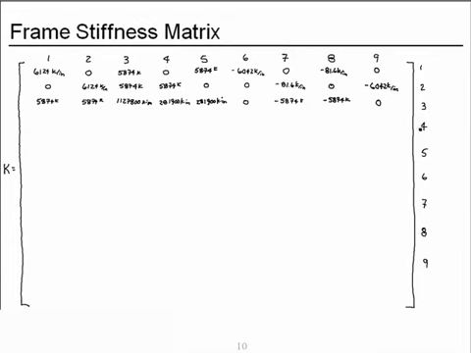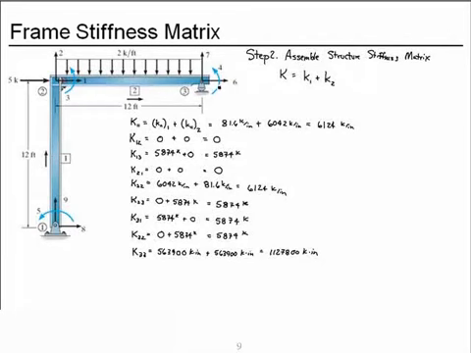Now row 4. Row 4 refers to the force at degree of freedom 4 here at the end of member 2. So the coefficients will come only from the element stiffness matrix for member 2, and the coefficients for 5, for 8, and for 9 will all be 0 because no single member connects these 2 nodes.